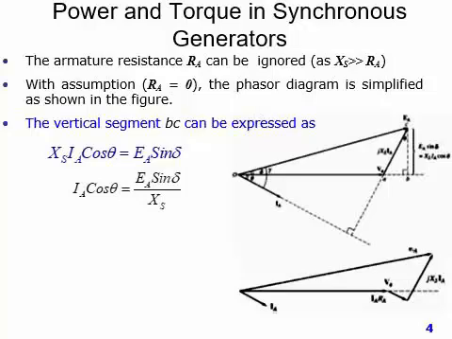From this we can find Ia cos theta is equal to EA sine delta over Xs. We have just taken this Xs towards the right side of the equation.